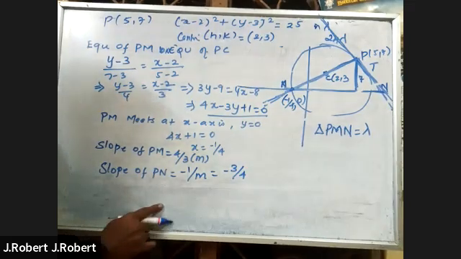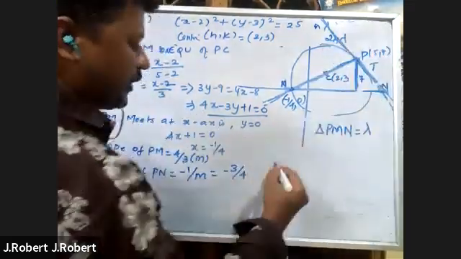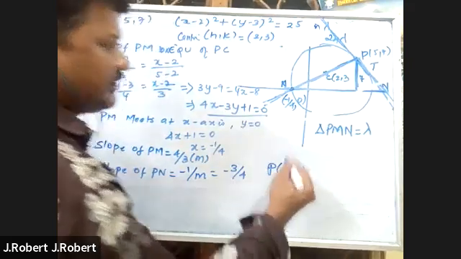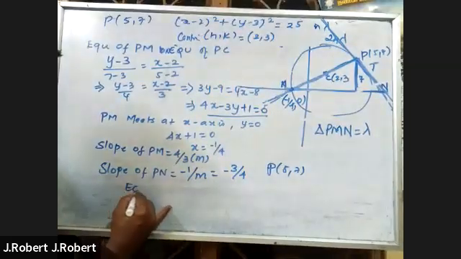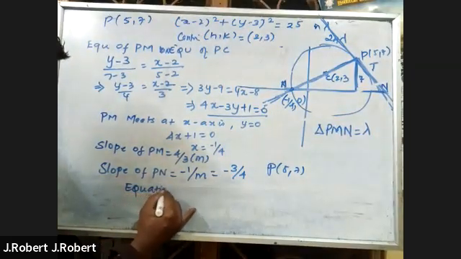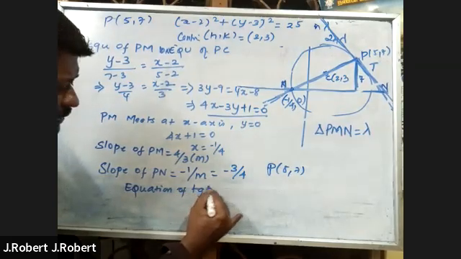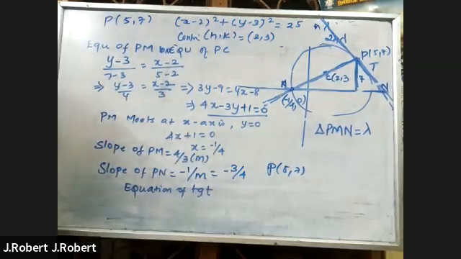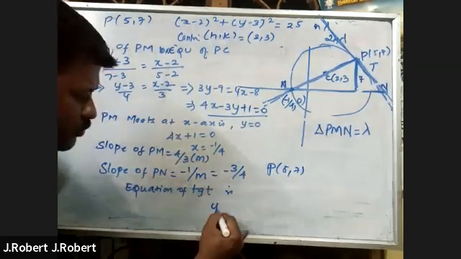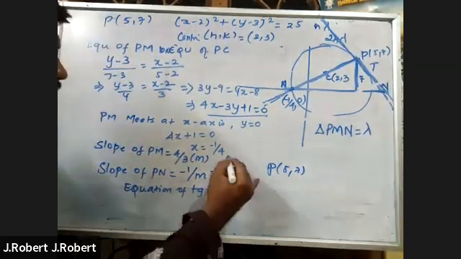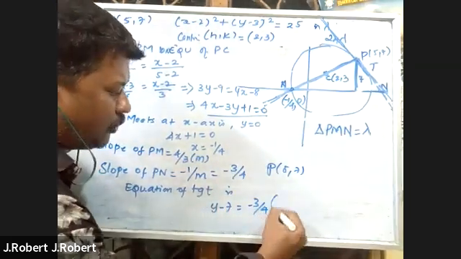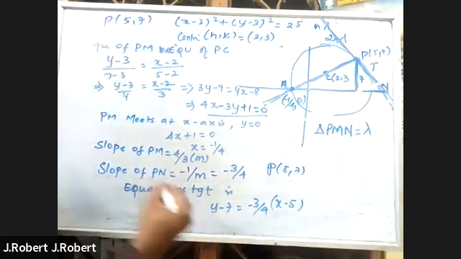அப்போ slope of PN தெரிஞ்சிச்சு, point P of (5,7). இப்போ equation of tangent ஐ கண்டுபிடிக்கலாம். So equation of tangent is formula y minus y1, y minus 7 equals to m, minus 3 by 4 slope, into x minus 5, cross multiply.